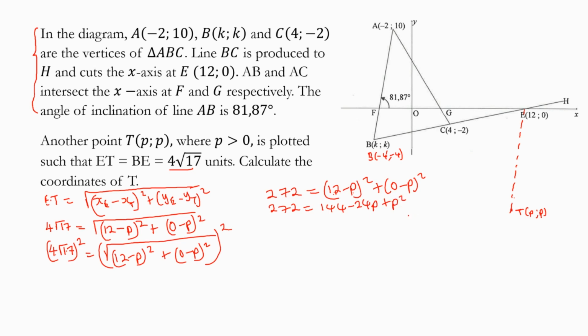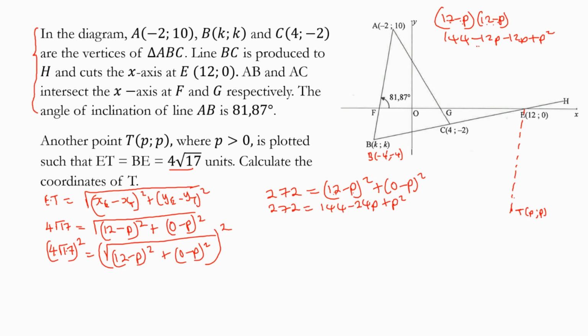Remember the square binomials. Let me just show you here. If you say (12 minus p) times (12 minus p), you can say 12 times 12 is 144, then 12 times negative p is negative 12p, negative p times 12 is negative 12p, and negative p times negative p is positive p squared.